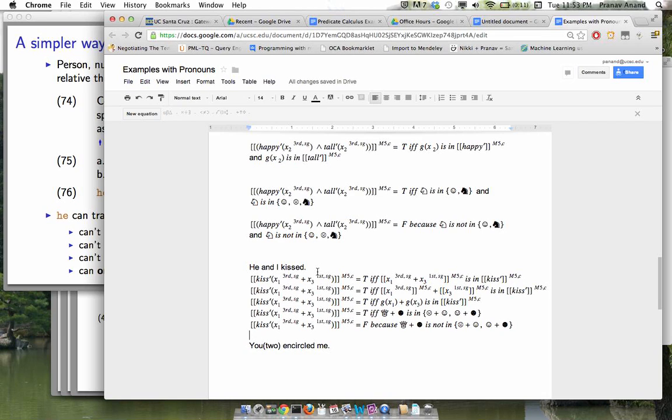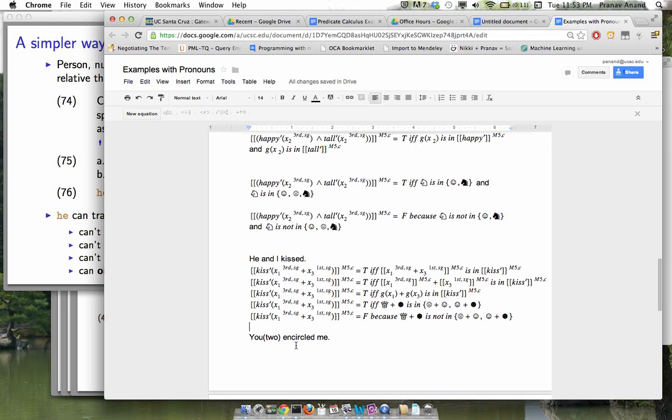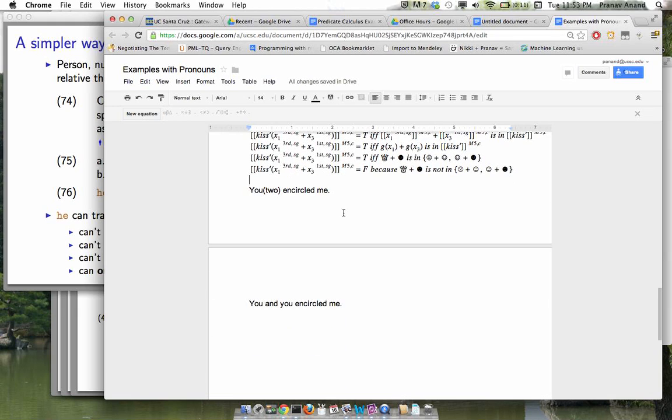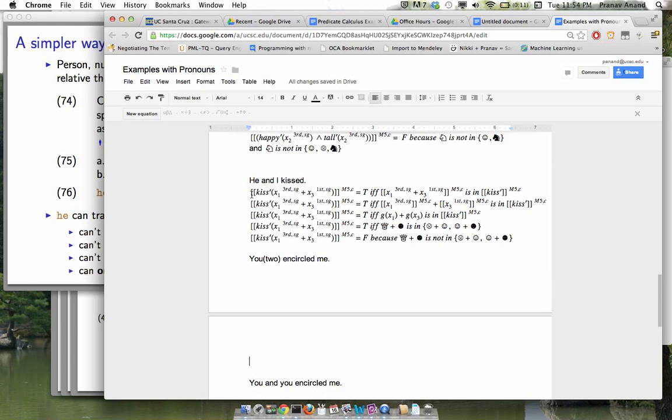Okay, the last two. "You encircled me," and "you and you encircled me." So I put this 2 here to mean you plural, because English lacks that you plural. But intuitively, I'm going to just copy this. I'm going to learn my lesson finally.